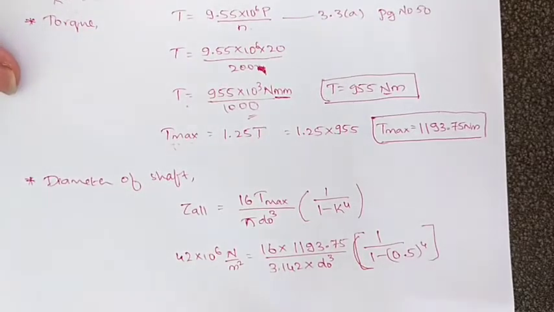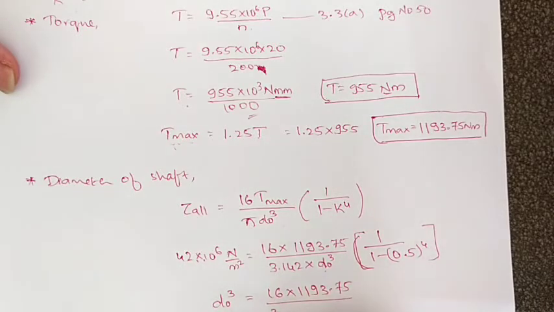So now after substituting, this d naught will go here, 42 will come here. So d naught cube is 16 into 1193.75 divided by 3.142, which we will keep as it is. D naught has gone here, this has come here. So 42 into 10 raised to 6.